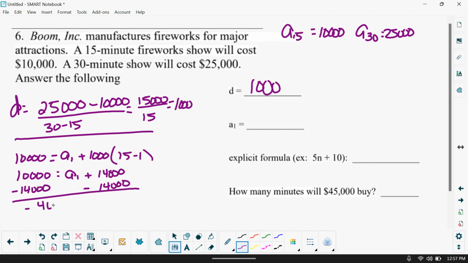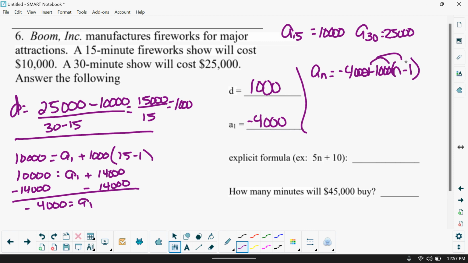And I got negative 4,000. Now the formula, so it's a_n equals negative 4,000 plus 1,000 times n minus 1. So distribute. Negative 4,000 plus 1,000n minus 1,000. Clean it up and I get negative 5,000 plus 1,000n.